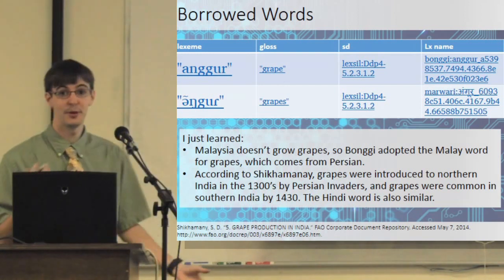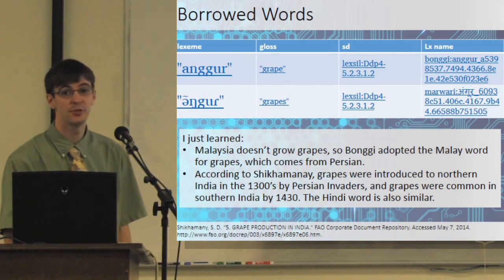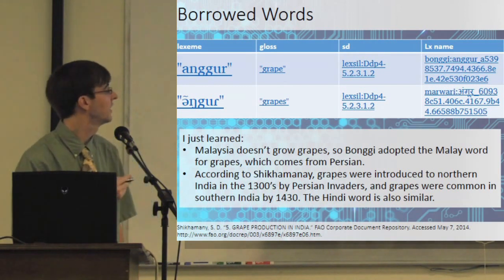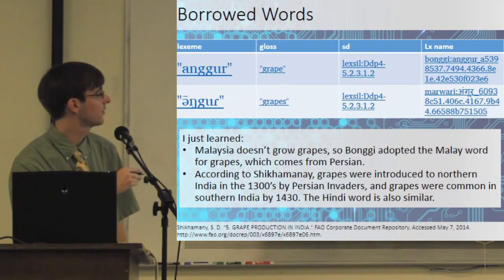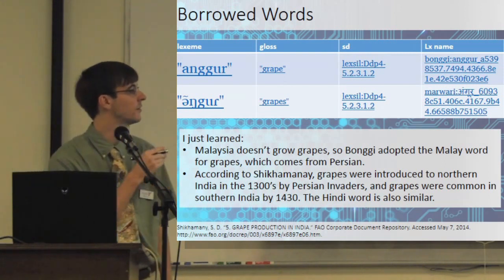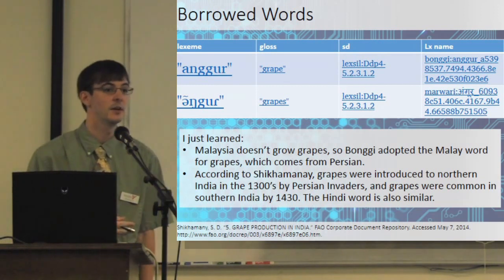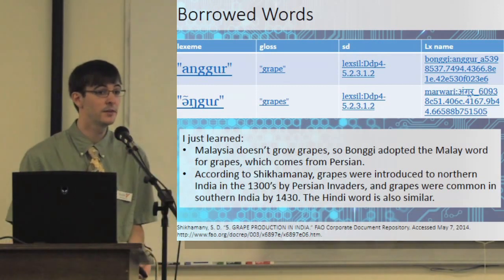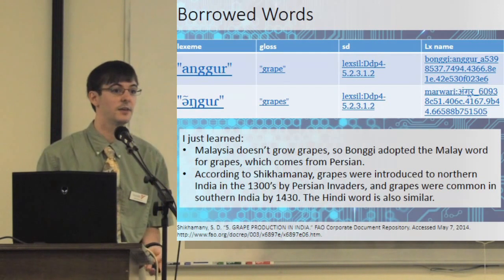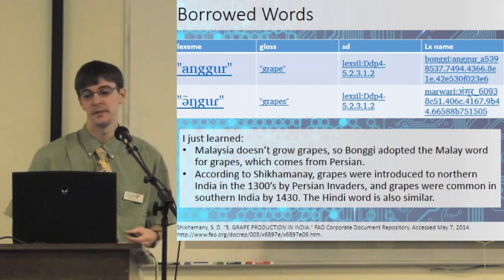So I learned from this that Malaysia doesn't grow grapes, and Bongi adapted the Malay word for grapes, which comes from Persian. And according to this resource here, grapes were introduced into northern India in the 1300s by Persian invaders and were common in southern India by 1430. The Hindi word is also similar. So I accidentally found a borrowed word that I wasn't looking for, even though the databases didn't really have information saying this is borrowed from here.